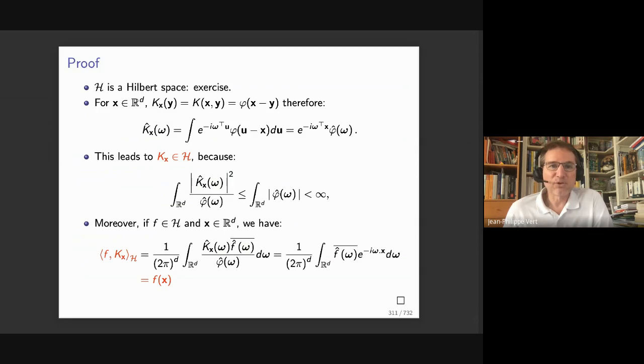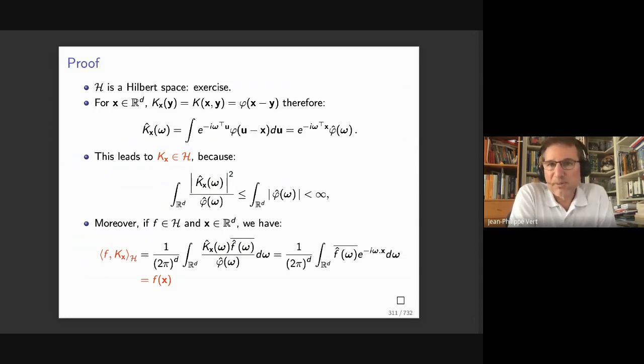So we need to compute Kx hat in order to compute the inner product, for example, or the norm of Kx. When we compute Kx hat of omega, using the fact that Kx is equal to phi of x minus y, we can do a small change of variable to obtain that the Fourier transform of Kx is the Fourier transform of phi, so phi hat of omega, multiplied by the complex number exponential minus i omega transpose x.